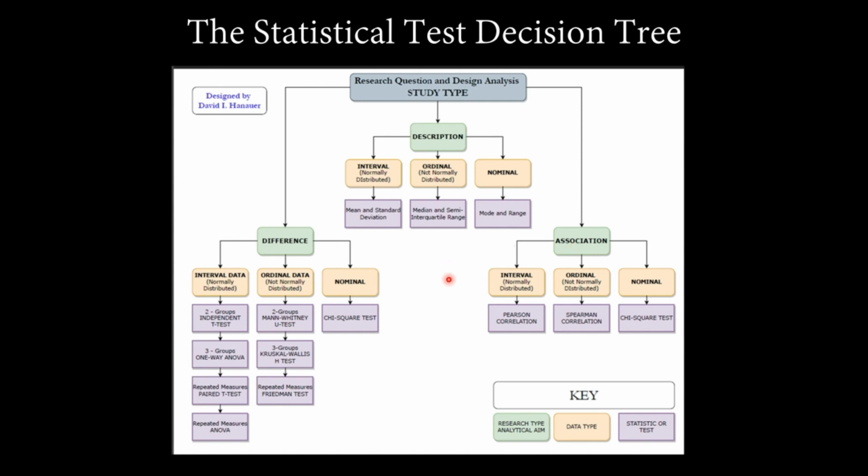As we always do, we take into account the type of data that we're dealing with. Today, we're going to deal with interval data, which is normally distributed. So if you have a research question which is an association question or a relationship question, you have interval data, you've tested that it's normally distributed, the test that you're going to use is the Pearson correlation.